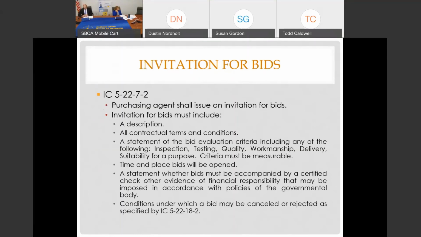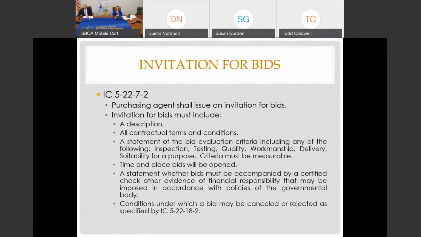If the item to be purchased is estimated to cost over $150,000, then you have to obtain competitive bids. IC 5-22-7-2 provides what the invitation must include, which is a purchase description, contractual terms, and bid evaluation criteria. 5-22-7-3 requires the criteria to be objectively measurable.